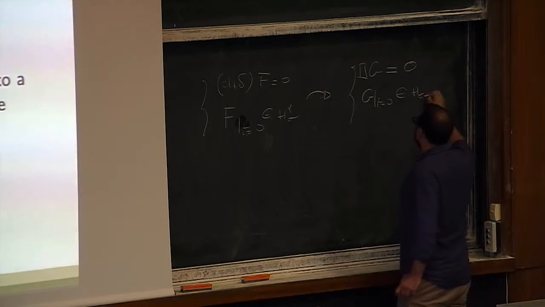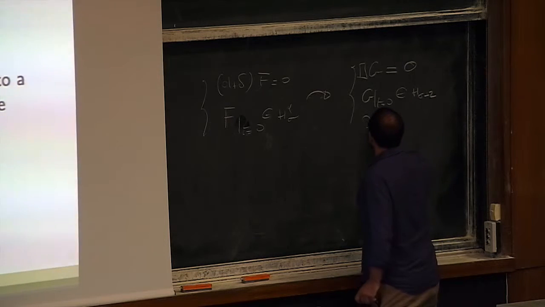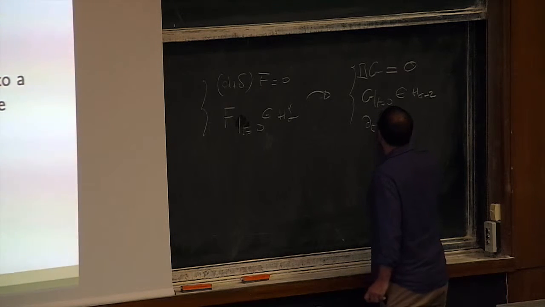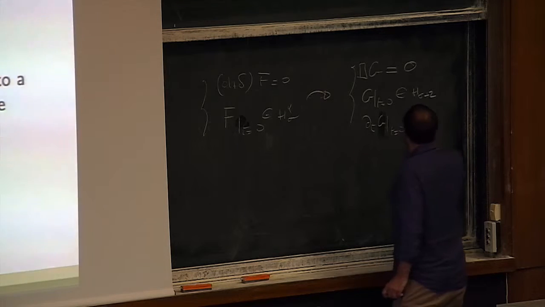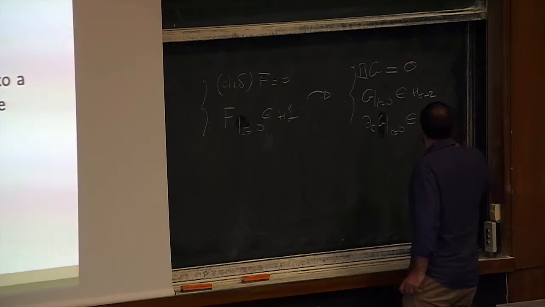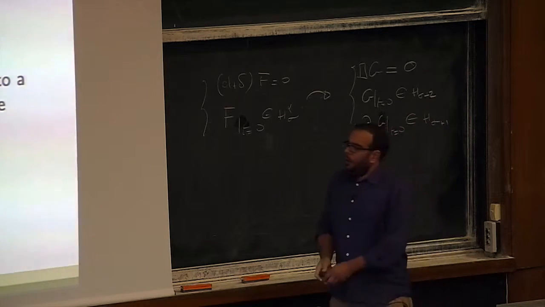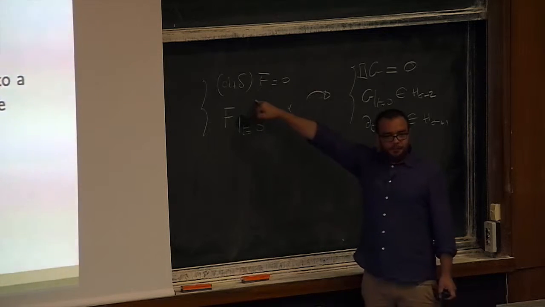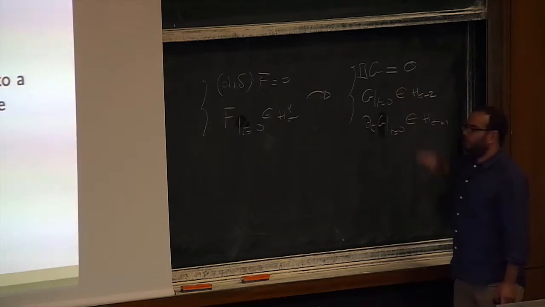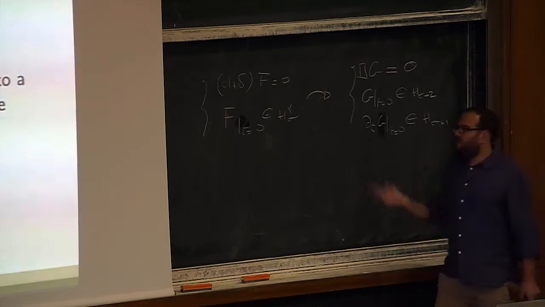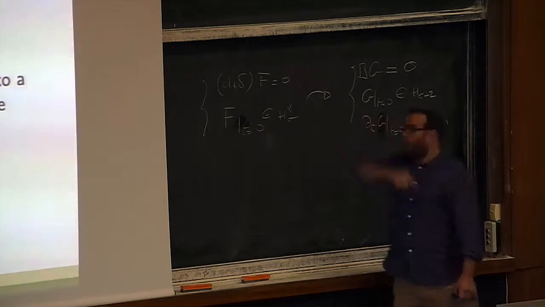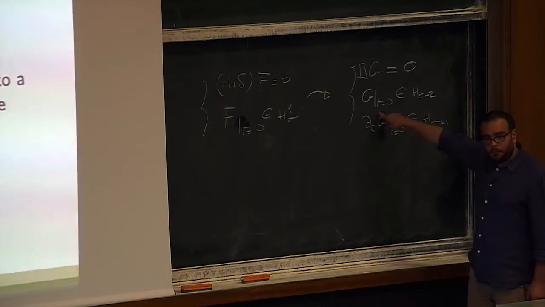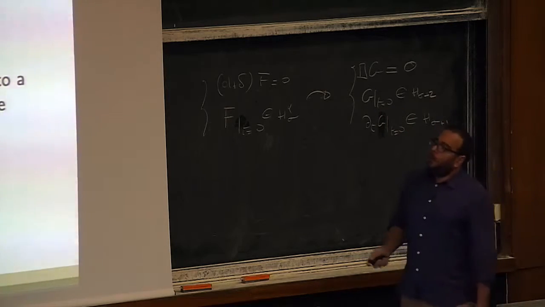and dtg at t equals 0 will also belong in some space, which is this one. So I'm starting from this. I want to construct this. I'm thinking Cauchy problem. So I'm starting from initial data, and I want to construct initial data. OK?